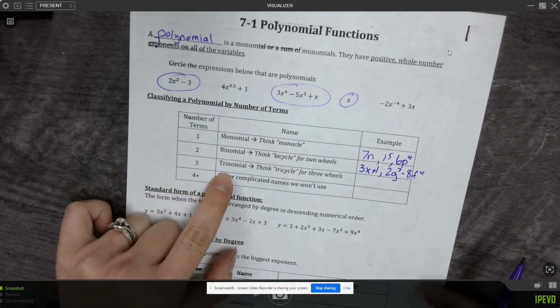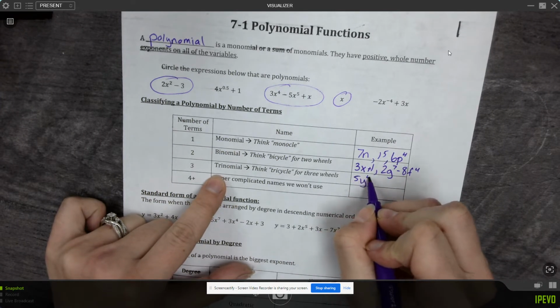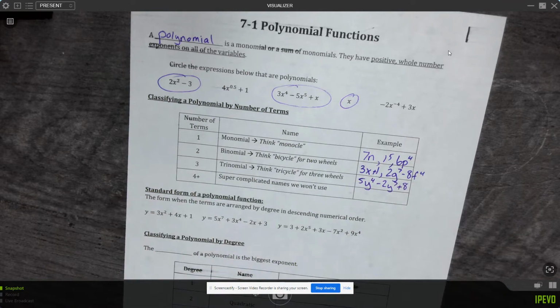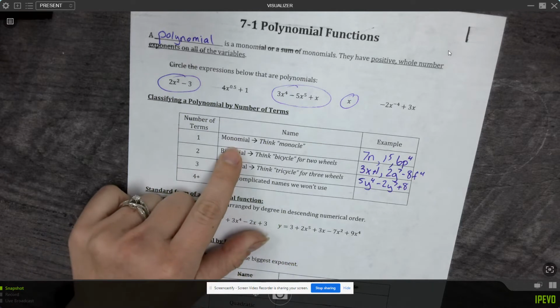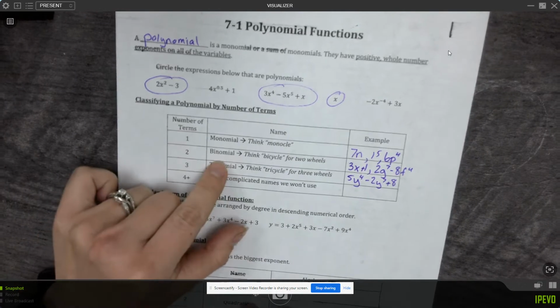A 3 term is a trinomial. 5y to the 4th minus 2y to the 7th plus 8. Trinomial has 3 terms. Anything longer than 3 terms, we don't give it any special name, super complicated names. We are not going to worry about those. So a polynomial that has 1 term is more specifically a monomial. A polynomial with 2 terms is more specifically a binomial.